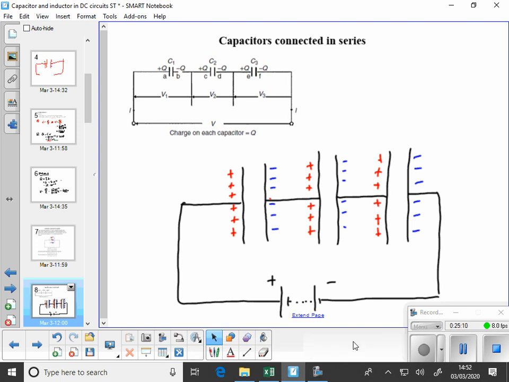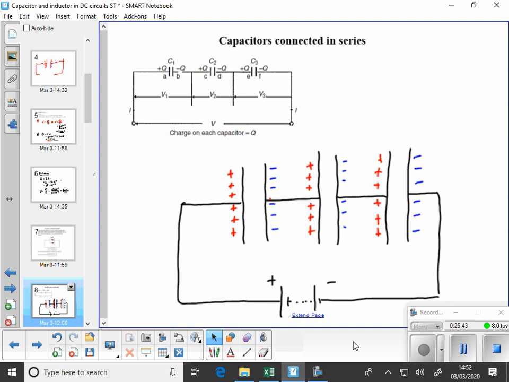How many positive charges and negative charges are associated with the total charge involved in that circuit? The total charge stored. How many positive, how many negative charges equals the total? Think about when I take the battery away.